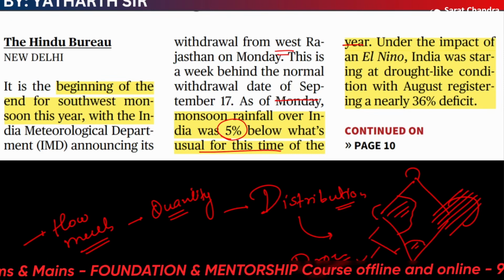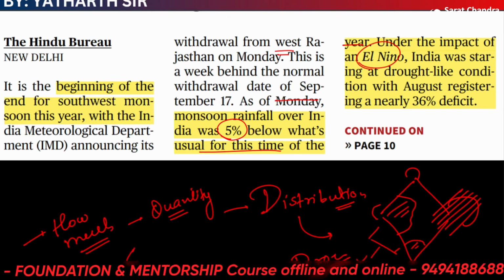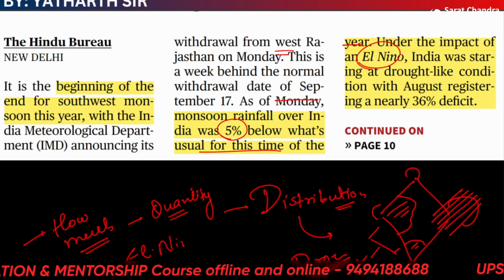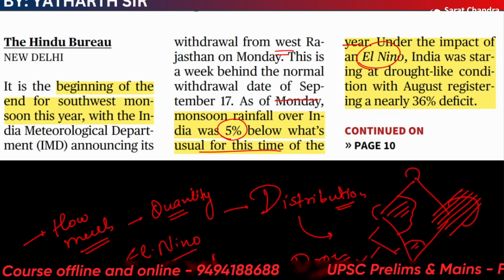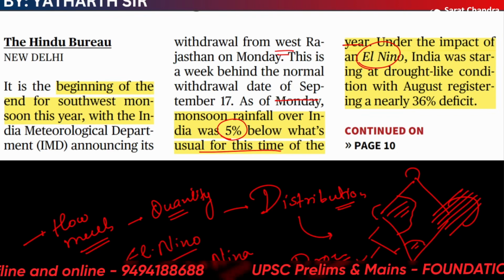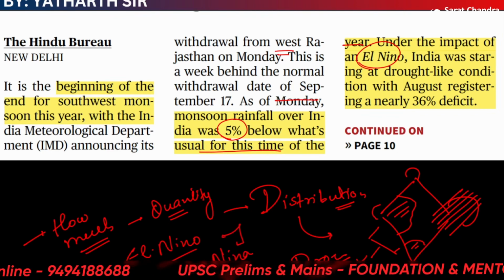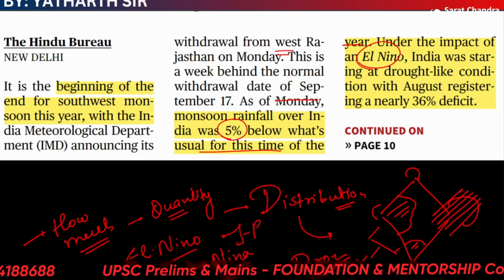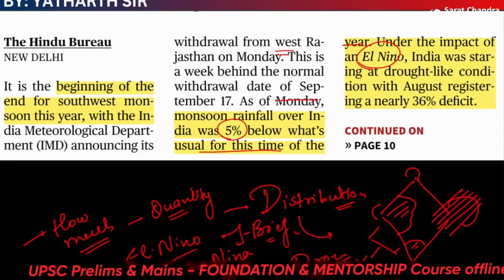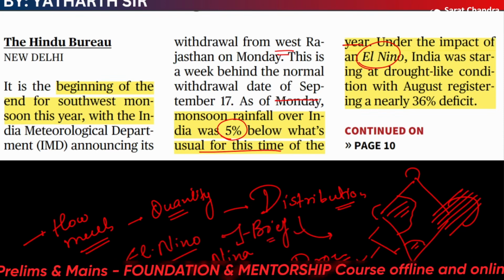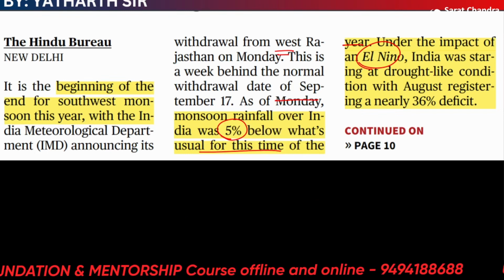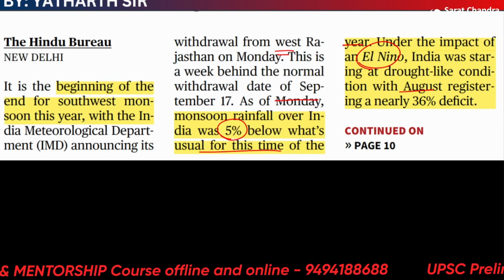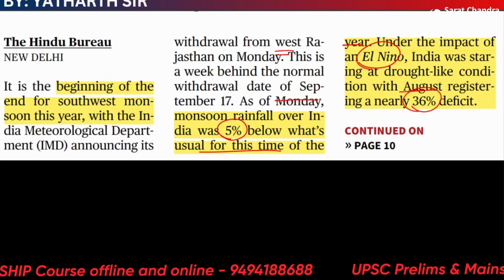So under the impact of El Nino, we'll see what is El Nino. I have already explained both phenomena, El Nino and La Nina, in multiple lectures, but we'll cover them here also very briefly. For detail, you can watch those other lectures on the same channel. Alright, so India was starting at drought-like conditions with August registering a nearly 36% deficit.